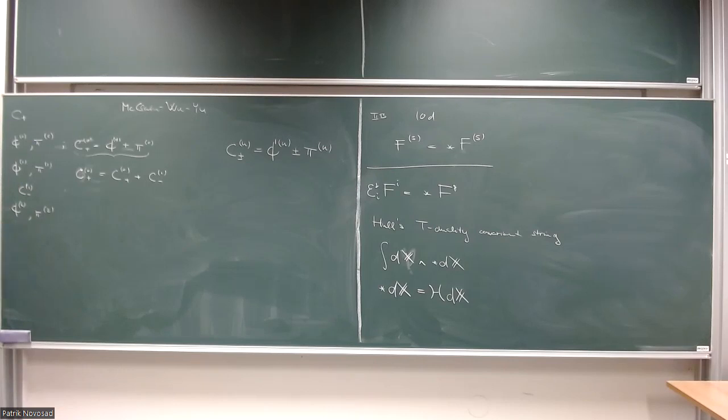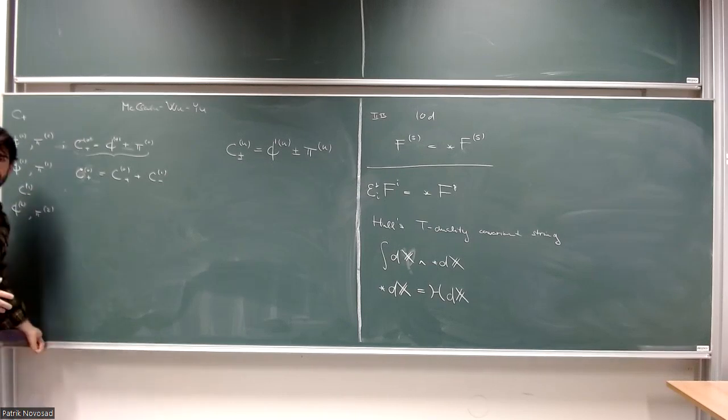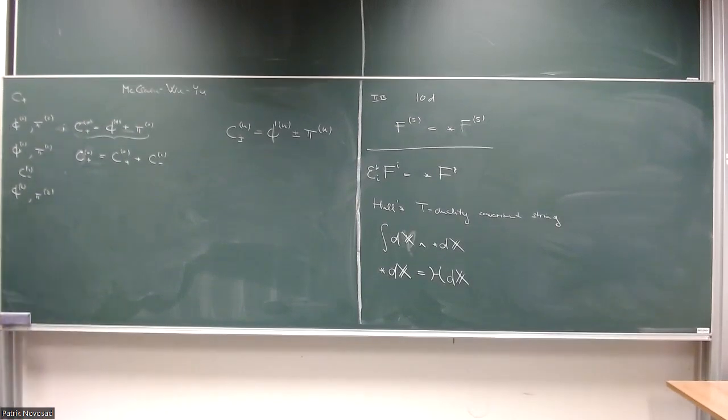And you can see where it's heading. I can just keep doing this process and extending my space to an infinite dimensional space. And by so doing, I will end up with infinitely many fields and infinitely many first class constraints.